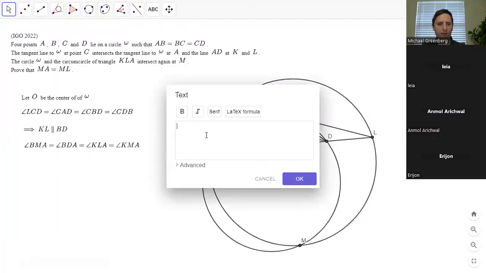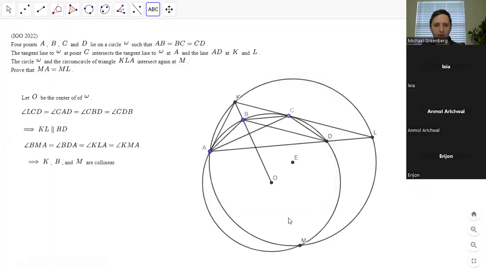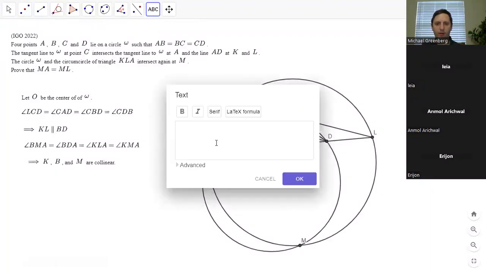And then that basically solves it, because once we know that, M is the midpoint. So by symmetry, KB is an angle bisector of AKL.